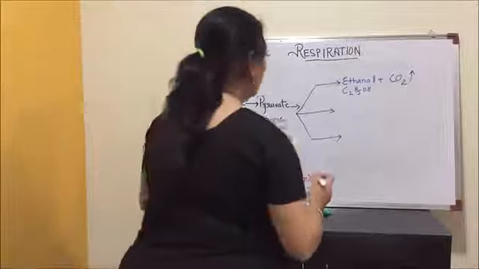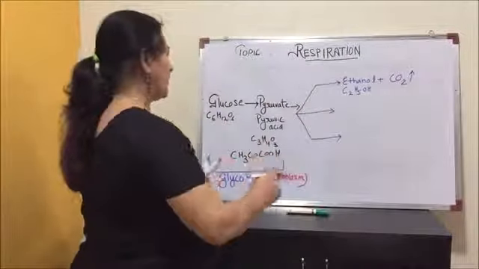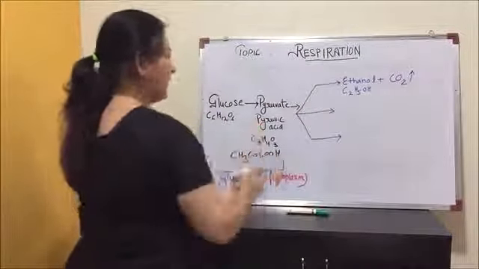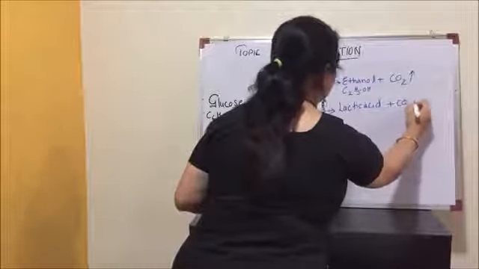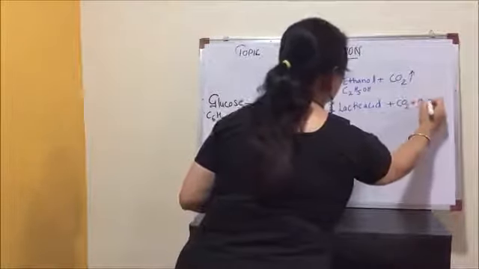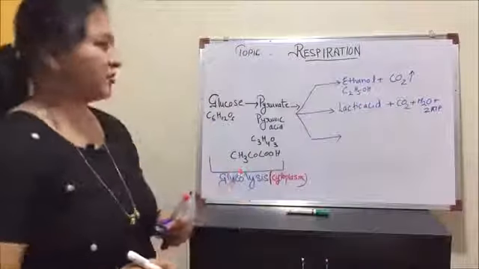In the next, we will see there is again an incomplete breakdown of pyruvic acid or incomplete breakdown of glucose, where we will find lactic acid, okay, plus again carbon dioxide is released, water is released, fine, and 2 ATP is released in this reaction.